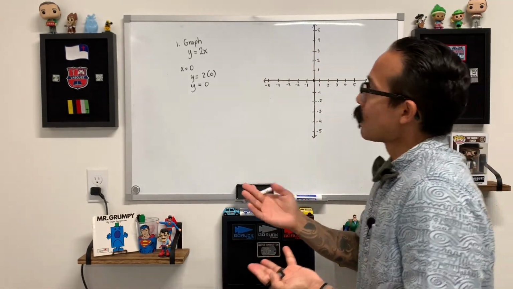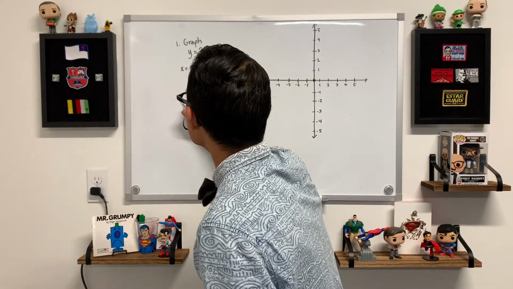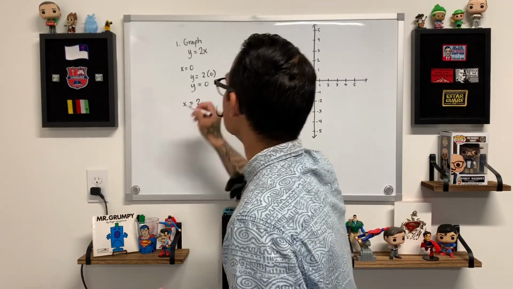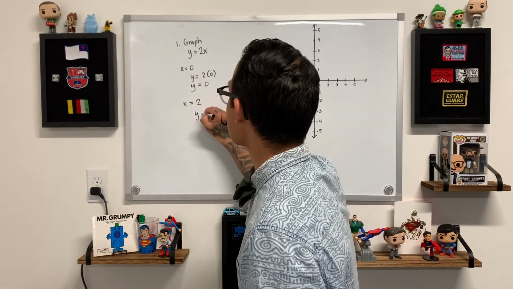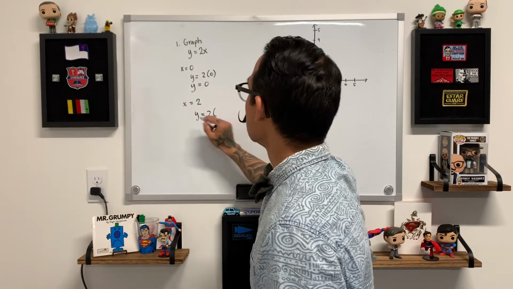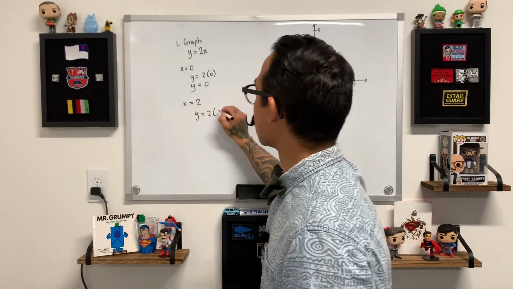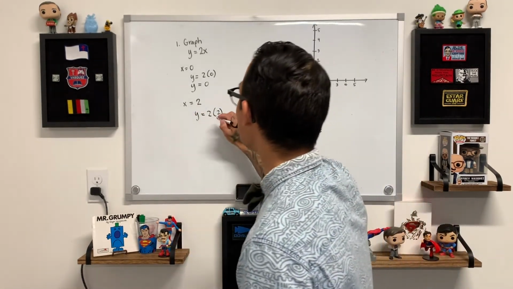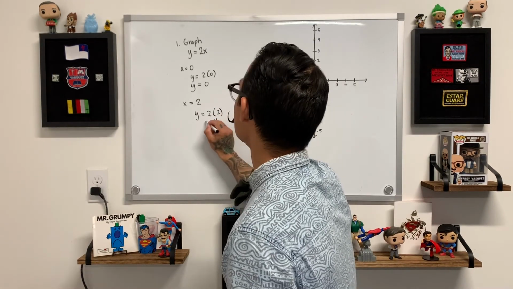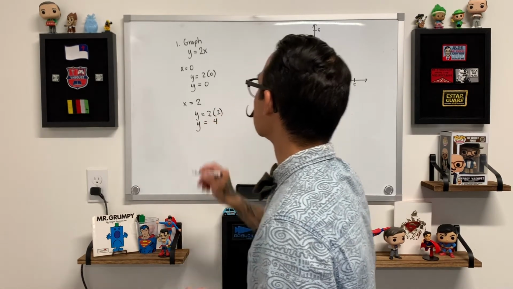Let's move on. What if x is equal to, let's say, 2? If x is equal to 2 and we have to graph y is equal to 2x, we can substitute. When we see the x, we can write down 2. What's 2 times 2? It's 4. y is equal to 4.